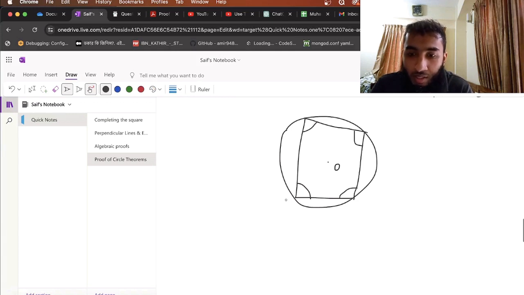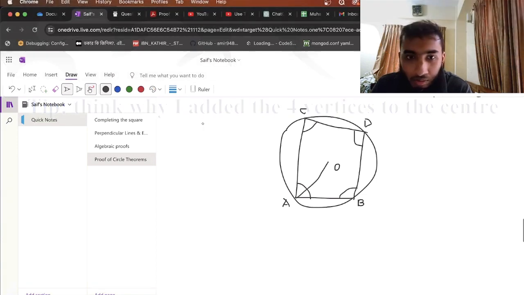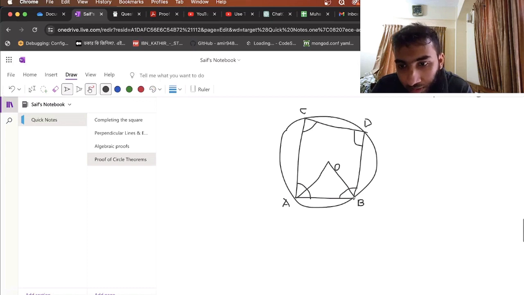Let's say these points on the circumference are A, B, C and D. I've drawn the center O joined with each of the four vertices of the quadrilateral within the circle.